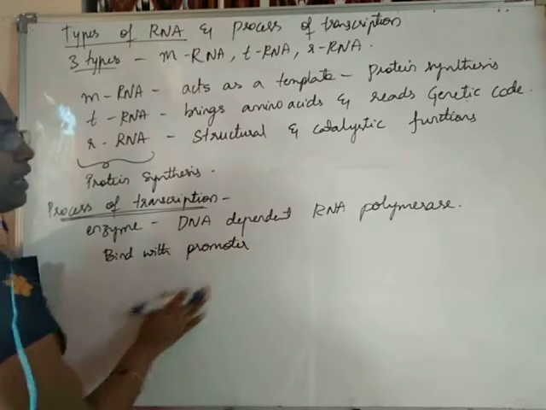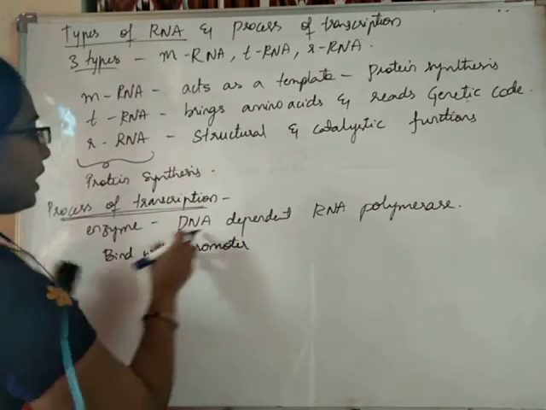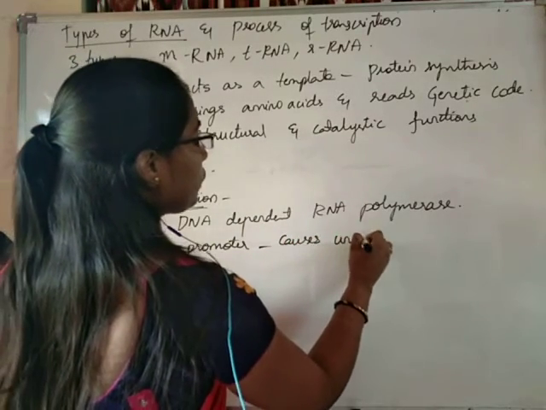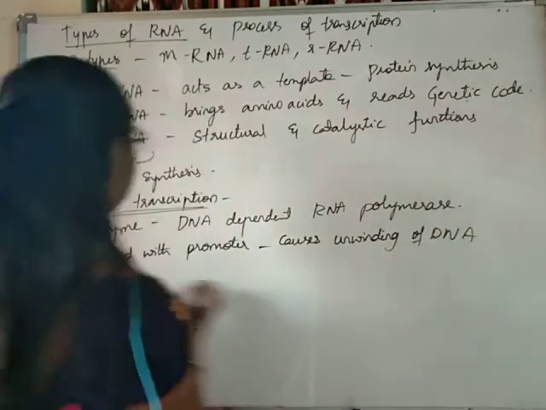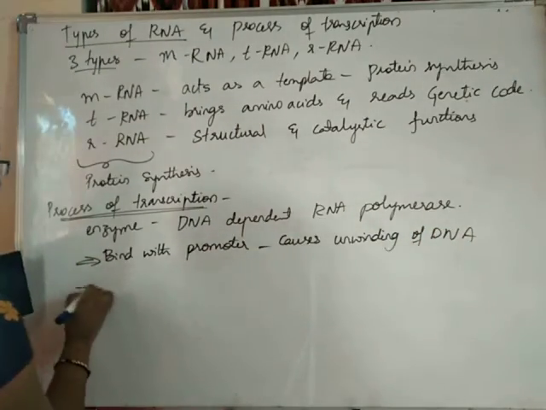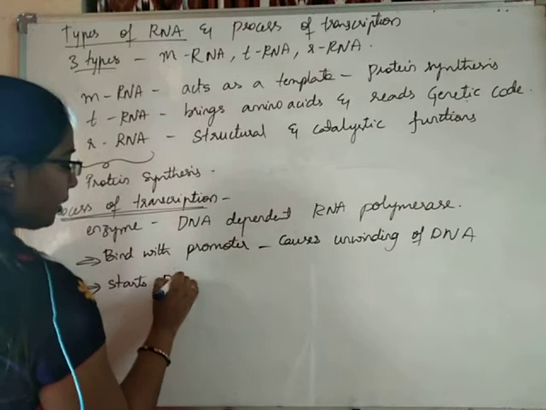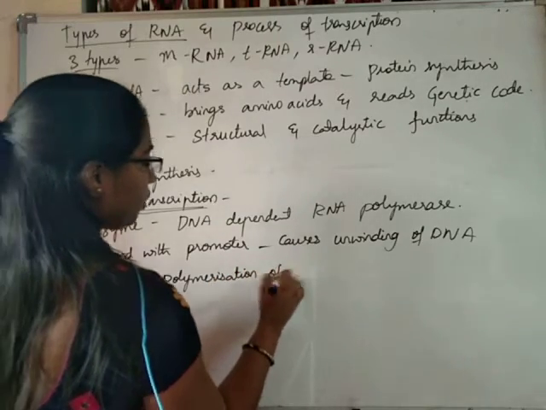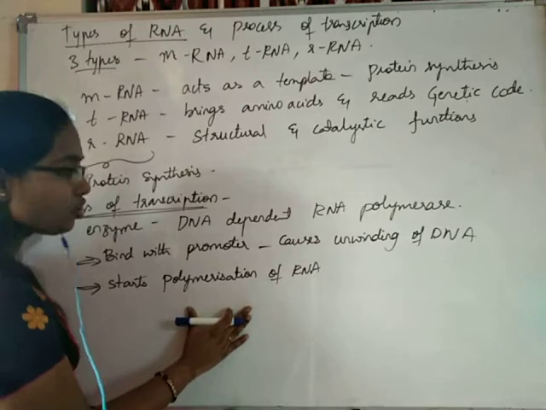After binding with the promoter, this DNA dependent RNA polymerase causes unwinding of DNA. Then it starts polymerization of RNA. How is it starting polymerization of RNA?